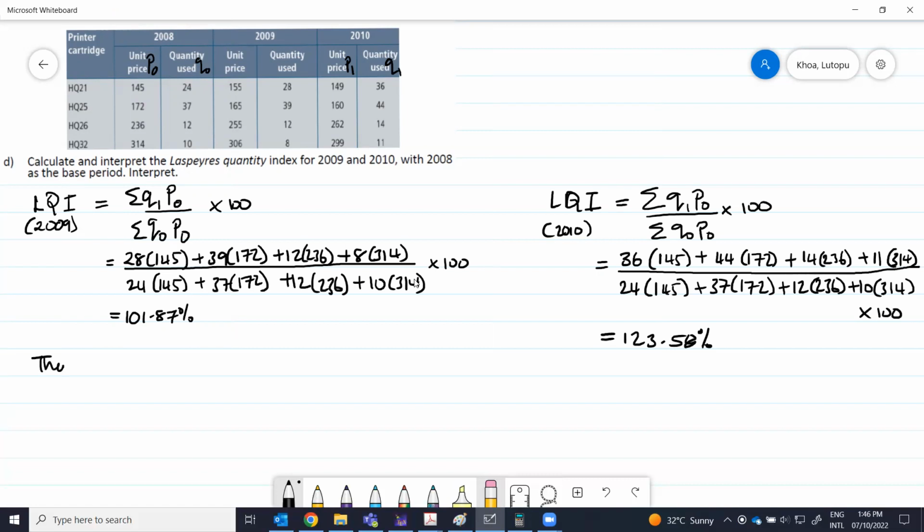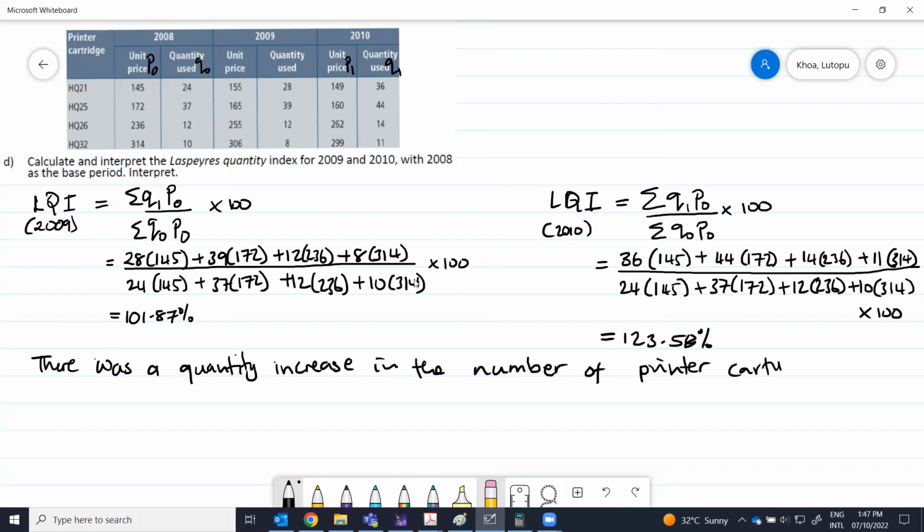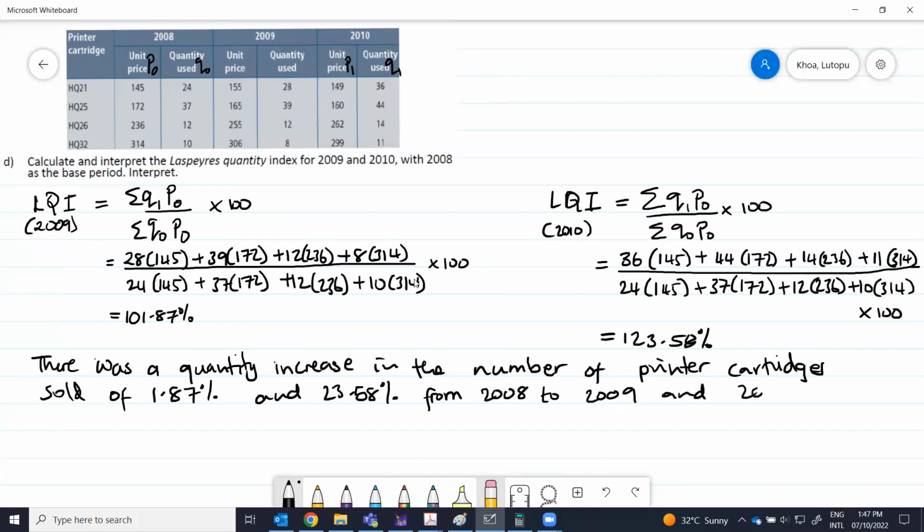So we say that there was a quantity increase in the number of printer cartridges sold of 1.87% and 23.58% from 2008 to 2009 and 2008 to 2010 respectively.